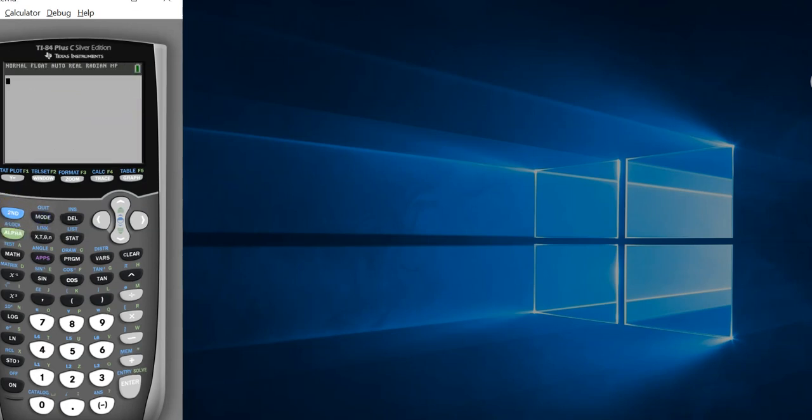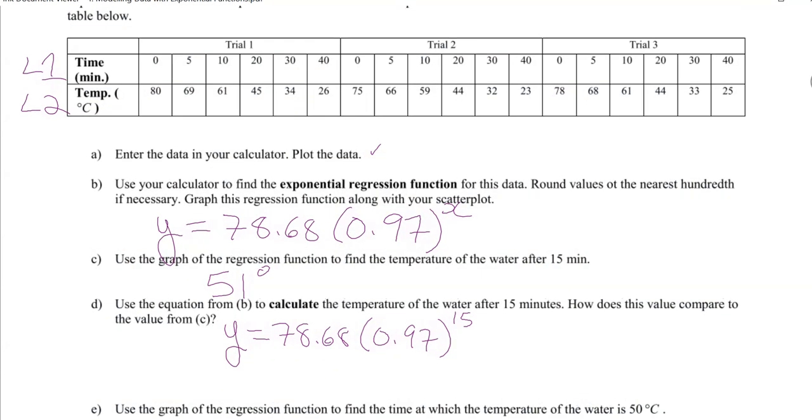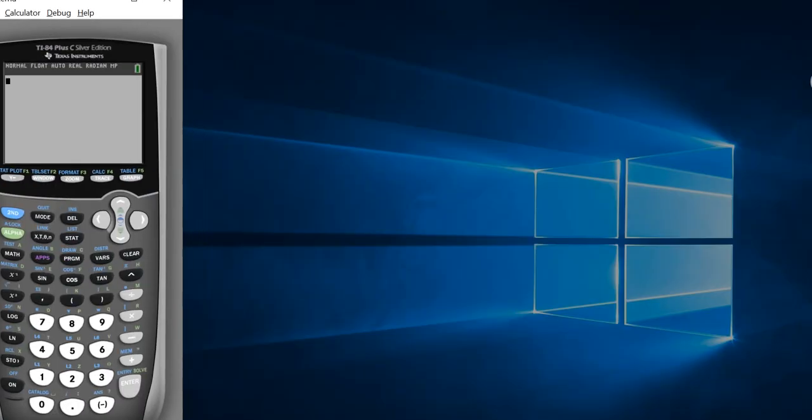The second function quit just takes us out of the thing, and we write 78.68 bracket 0.97 bracket to the power of 15.